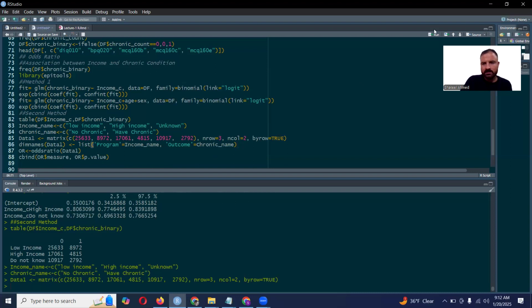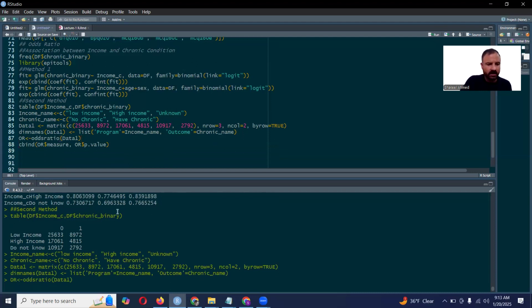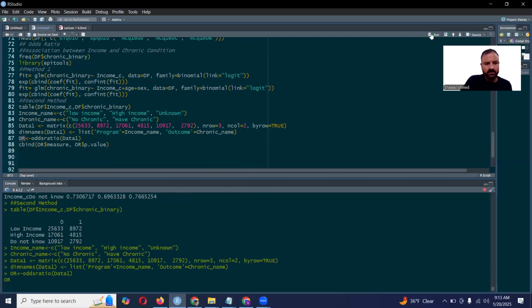So you can just name the dimensions of the matrix, and then you can obtain the odds ratio using the odds ratio command. But for this purpose you need the epitools library, and this is basically under this package. So you can just run the odds ratio.